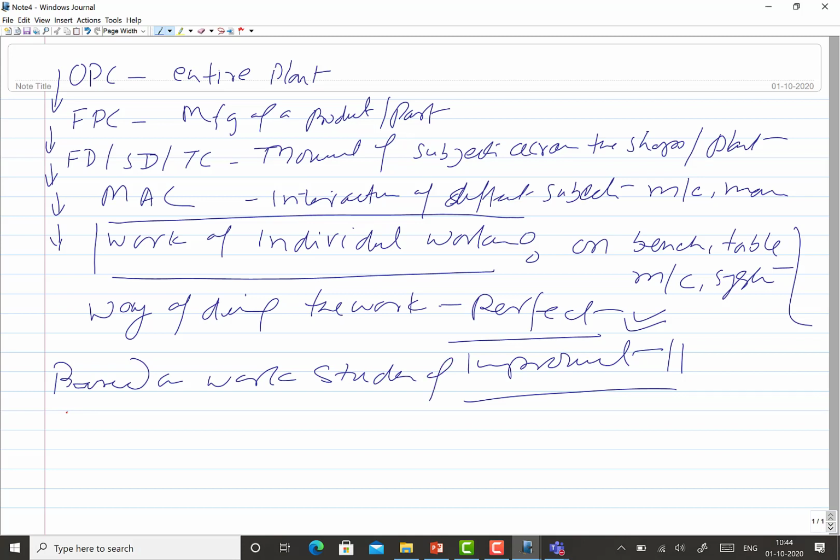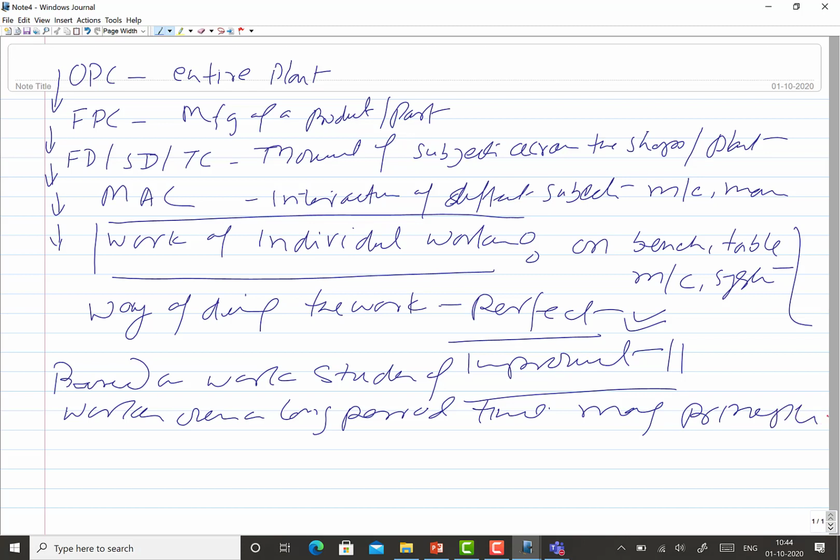of hundreds of workers over a long period of time, many principles have been developed.